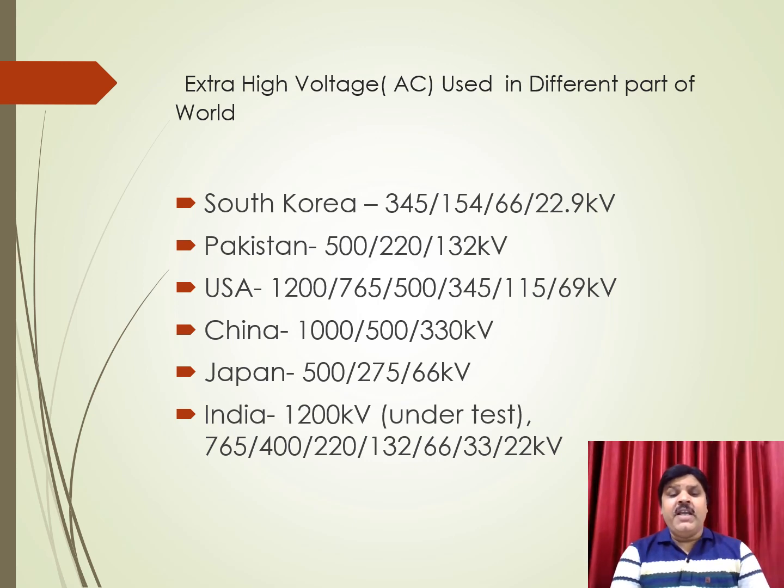Similarly, India, Japan and China have a lot of variety of voltage levels, as you can see in the slides. It means there is a myth that the voltage should be in multiples of 11 kV. That is not true, and the voltages used in different countries are different.